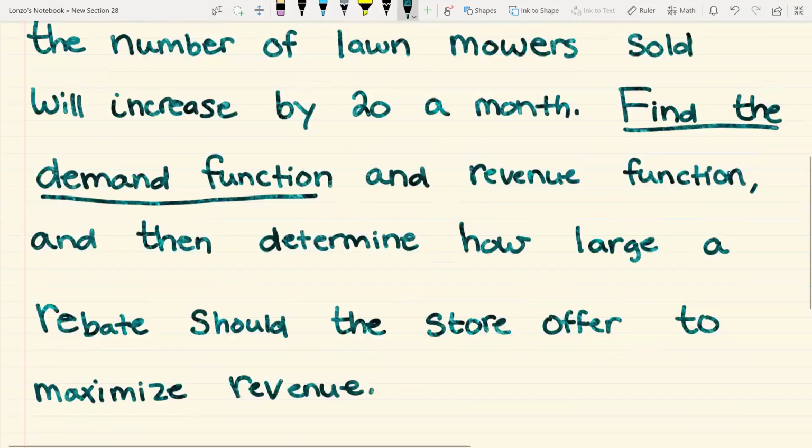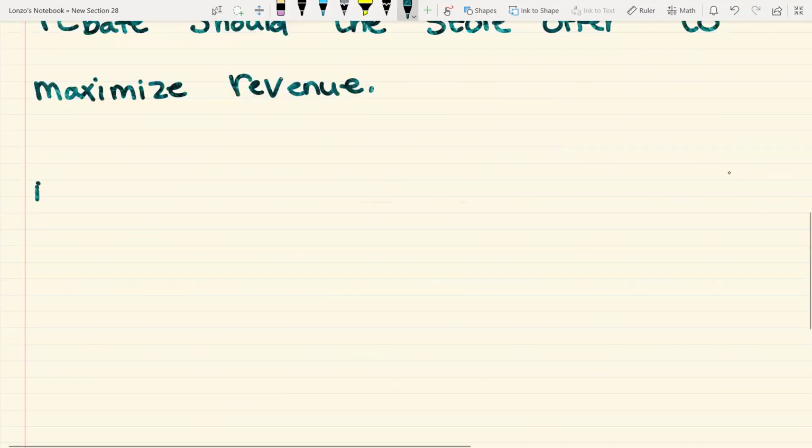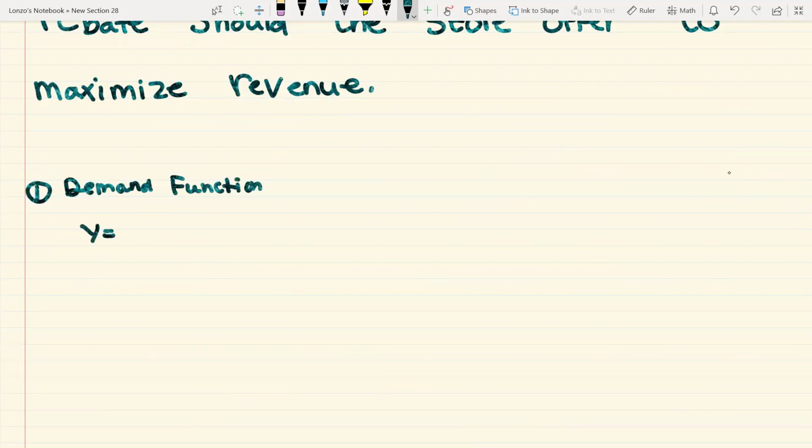So how do you find the demand function? Or what is the demand function? It's a linear line, y equals mx plus b, or in our case, it will be p of x. They don't give us your m and they don't give us your b. What they give us is coordinates.